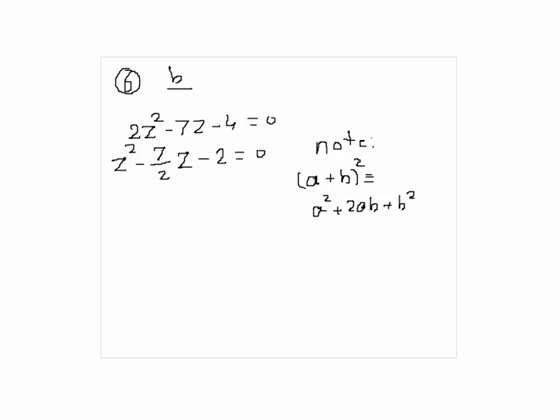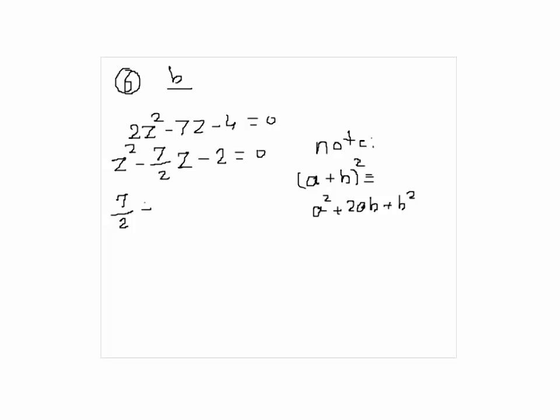Now I'm able to compare these three terms with the three in the formula. So a squared corresponds to z squared. I will explain 2ab later, but I need to find b squared. How can I find b squared? The best way is to look at the coefficient of z, which is 7 over 2, and divide it by 2.